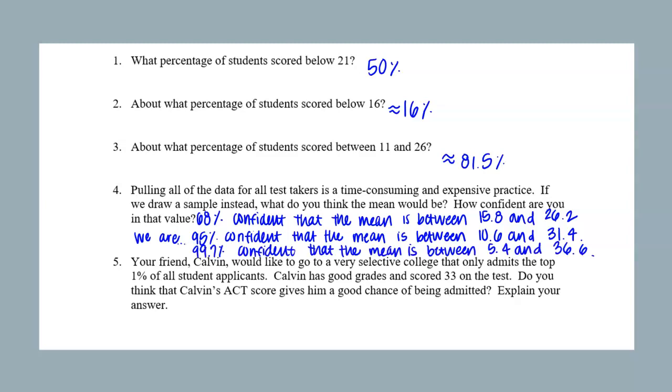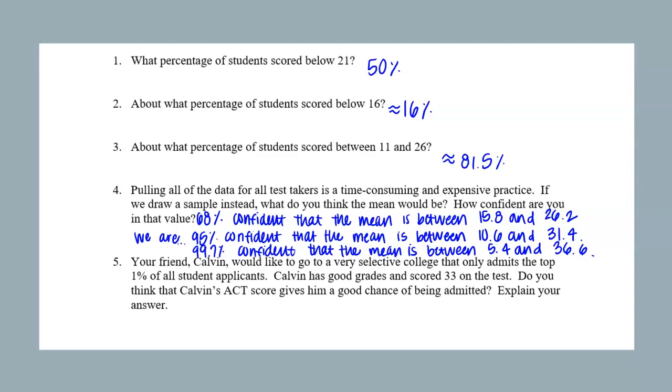5. Your friend Calvin would like to go to a very selective college that only admits the top 1% of all student applicants. Calvin has good grades and scored a 33 on the test. Do you think that Calvin's ACT score gives him a good chance of being admitted? Explain your answer.